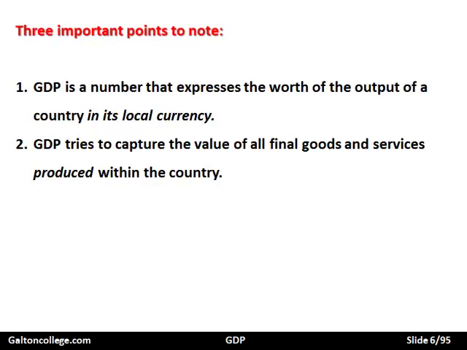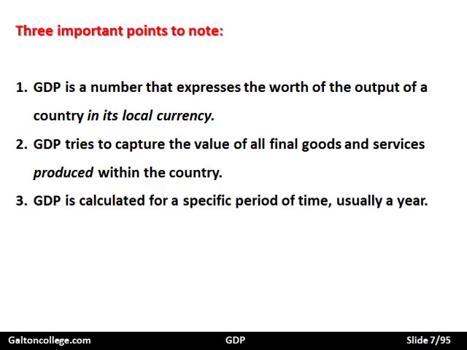So it tries to work out all the final goods and services and work out their value and add them up. And it's calculated in a specific period of time, usually a year. So we say the GDP for 2000 was something and the GDP for 2010 was something else, and so on. So it's within a specific time period.